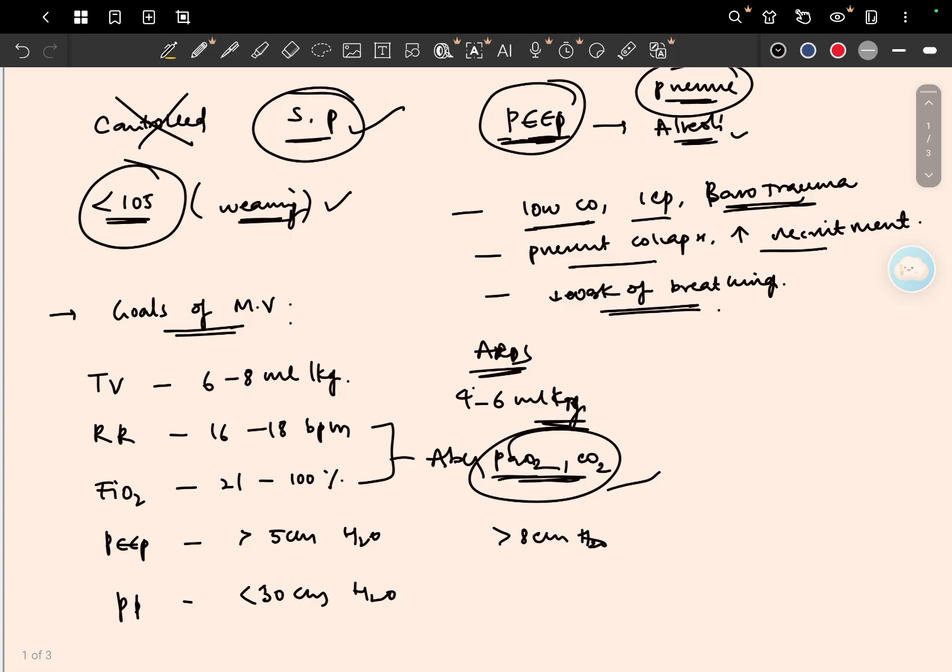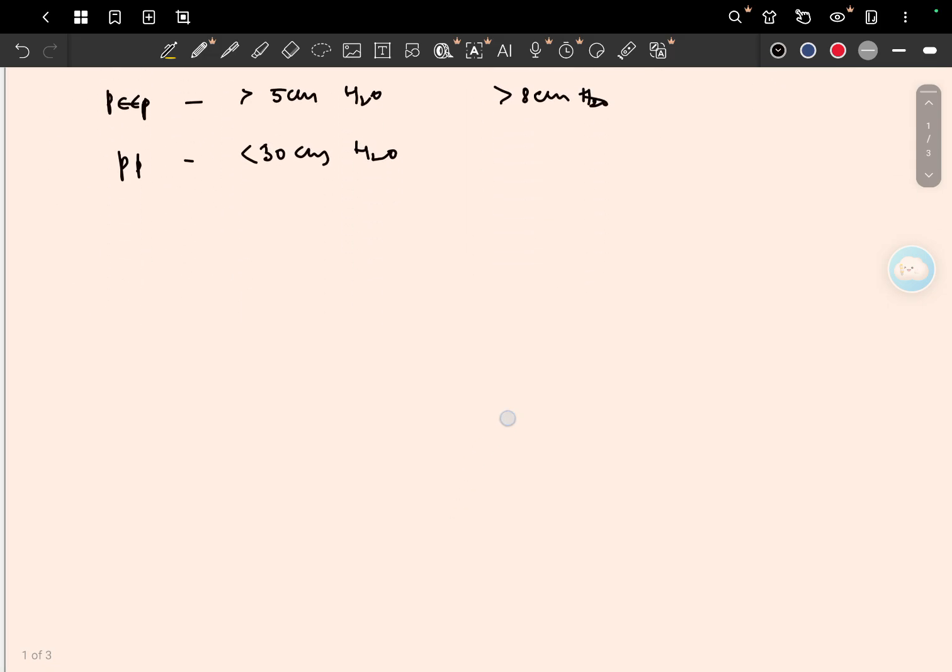Now we also have a graph here which you just have to memorize.